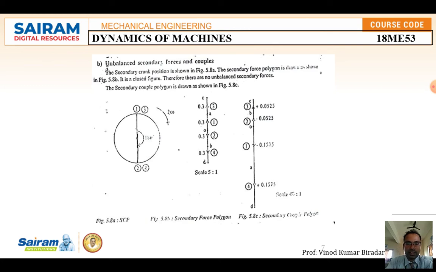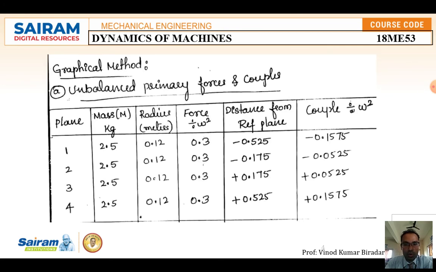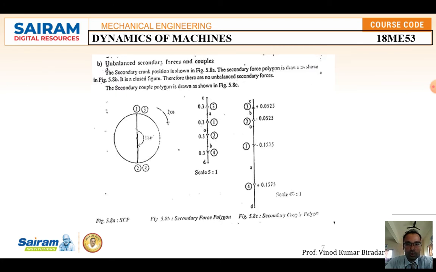Coming to the second figure B, the secondary force polygon. Again here also same. Take the values given: 0.3 from the reference plane to 1, angle is 90 degrees. Again 1 to 3 is 90 degrees, so you take the top direction, and the force value is 0.3 only.